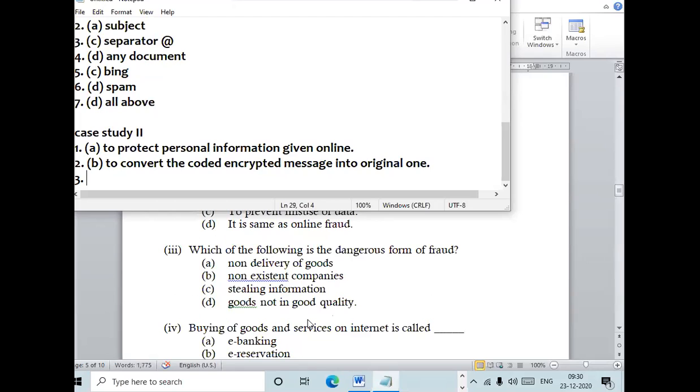I have asked you the dangerous type of the fraud. Non-delivery of goods, not so dangerous. Non-existent companies, not so dangerous. Stealing information, this is dangerous. If all your private information, your personal information gets hacked, that will be more problem for you people. So option C is the correct option over here.